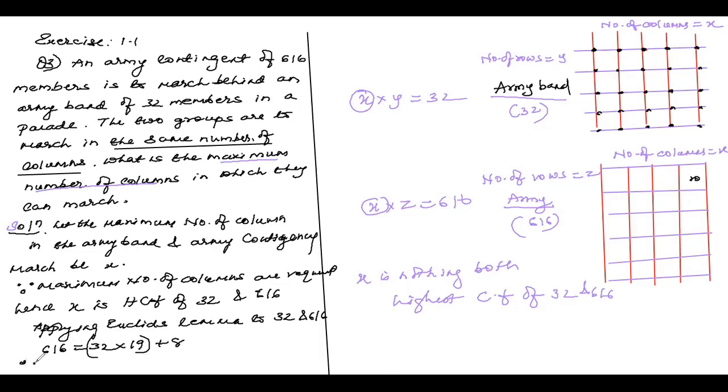Now since 8 is not equal to 0, hence applying Euclid's lemma to 8 and 32. So what I see, 32 is equal to 8 into 4 plus 0.